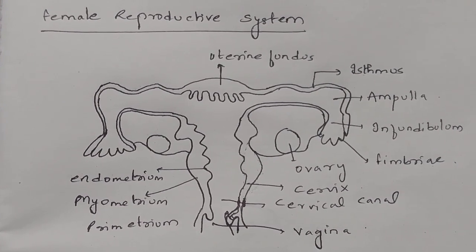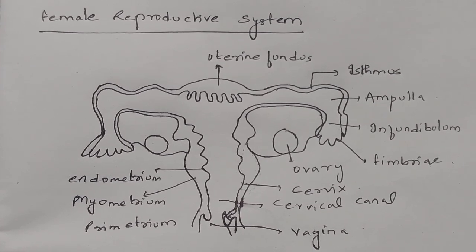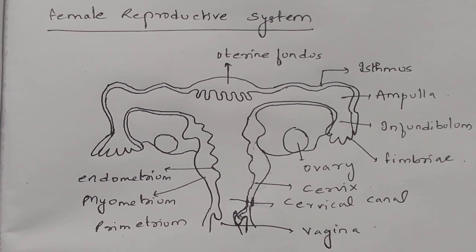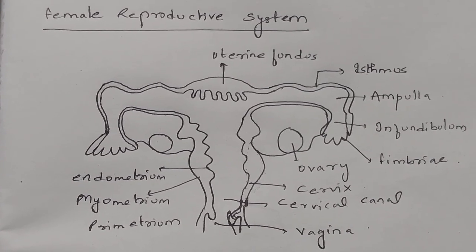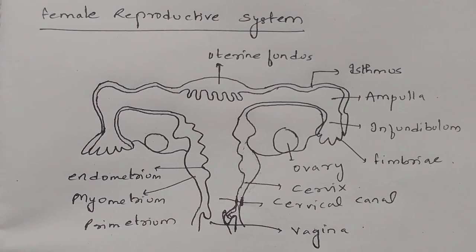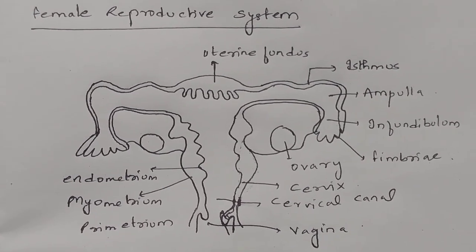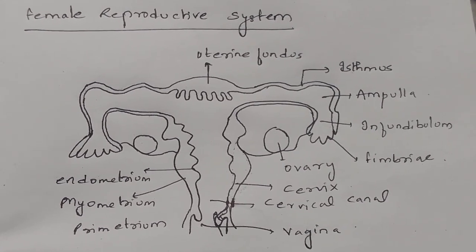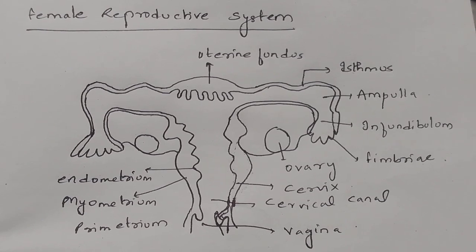The fallopian tube is 10 to 12 centimeters long, and the parts of the fallopian tube are the ampulla, isthmus, infundibulum, and fimbriae. Okay, the fallopian tube starts from the periphery of the ovary to the uterus.